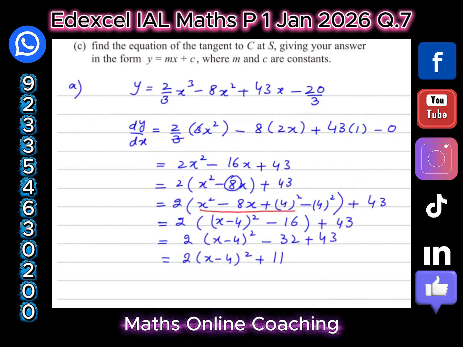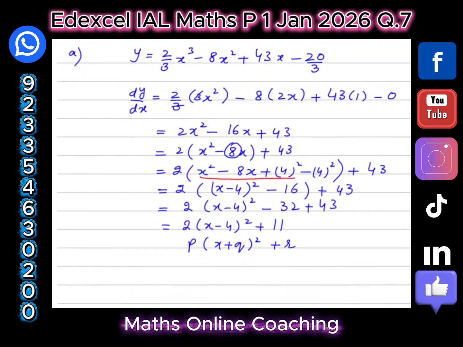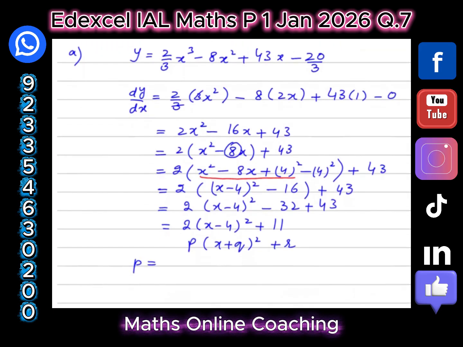Now this is the derivative in the form p(x plus q) squared plus r, where the value of p is 2, q is equal to minus 4, and r is equal to 11. It completes the solution to part A.